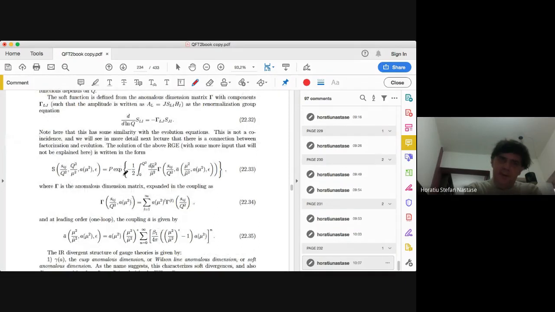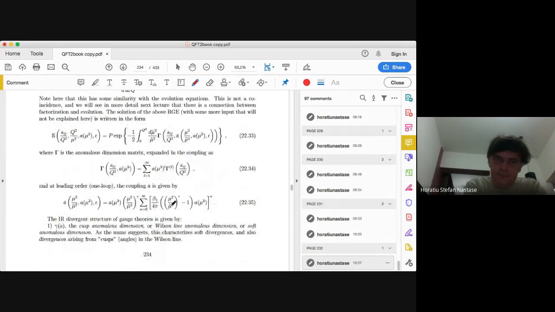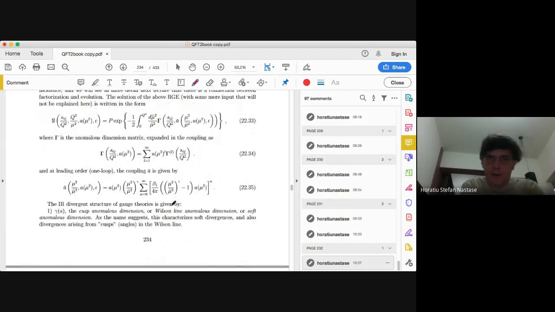Even though it's a path-ordered exponential of something, this something is still expanded in loops, that is, expanded in the coupling, which is in here in A. At one loop, the coupling A, just as an example, is written like this.